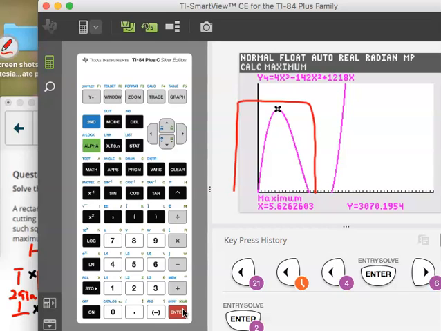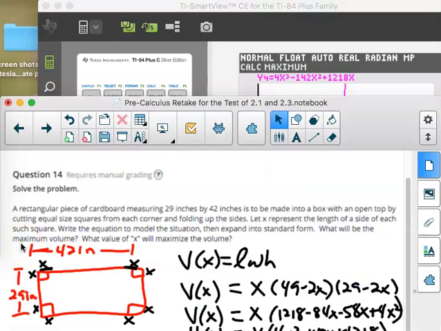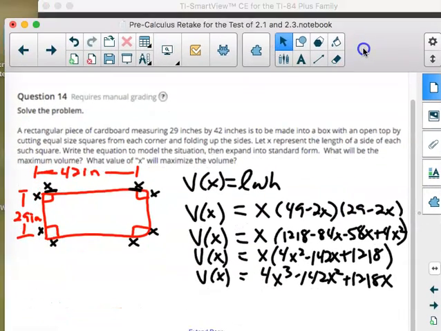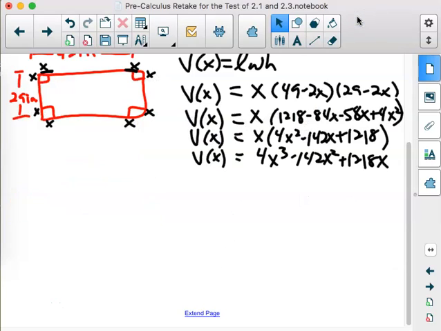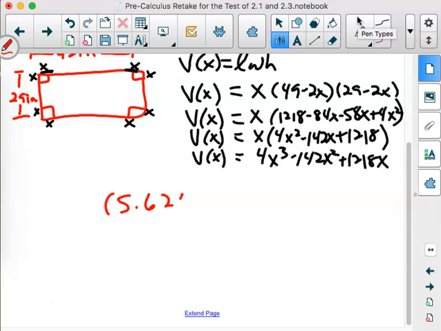So we're going to need to cut those 5.626 inches to maximize our volume at 3070.195. Oh, and this one was multiple choice too.